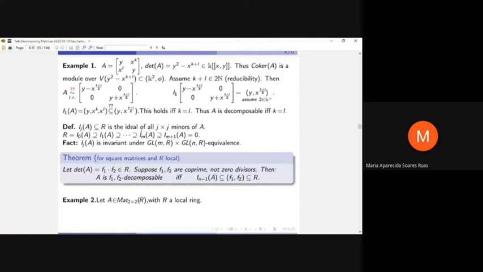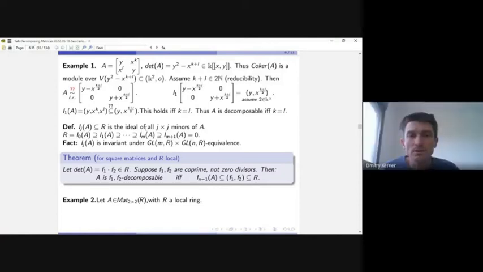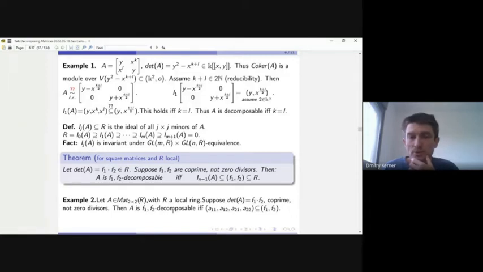Thank you. So let's take just a little bit more general example. Let's take once again a 2 by 2 matrix over a local ring, and suppose the determinant factorizes, once again coprime, not zero divisors, not units. Then A is decomposable if and only if the ideal of almost maximal minors, generated just by the entries of the matrix, sits inside (F1, F2).